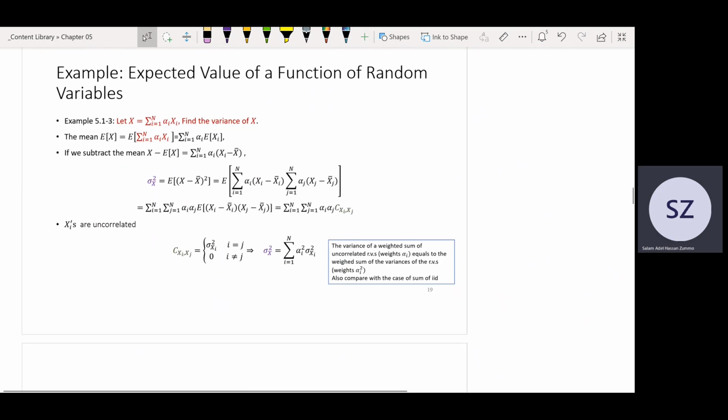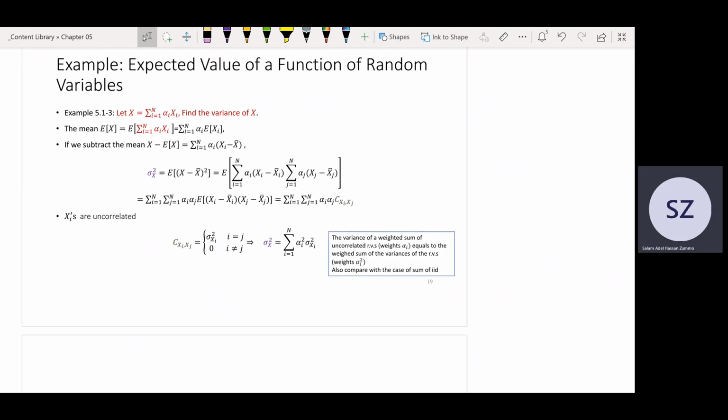Now let's have an example on the expected value of a function of random values. نتذكر we did this. If we have x equals summation of alpha i xi, i equals 1 to n, we found the expected value of x, which is the expected value of the summation, صح؟ And we were able to find that this expected value equals the summation of alpha i multiplied by the expected value of every one.